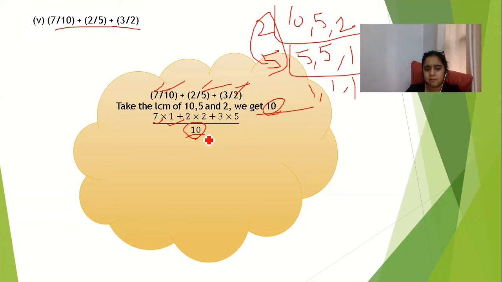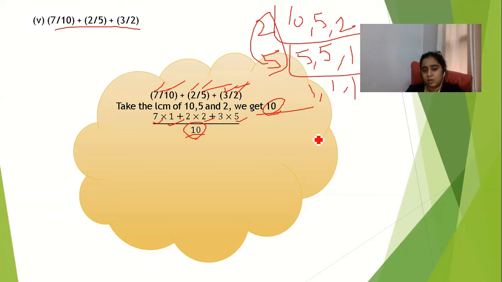In the same way, I will divide 10 by 5, I will get the answer 2, and this 2 should be multiplied by this numerator value, that is 2. And if I divide 10 by 2, I will get the answer 5, so this 5 should be multiplied by this numerator value, that is 3.